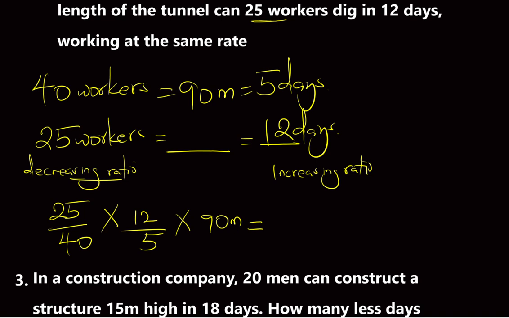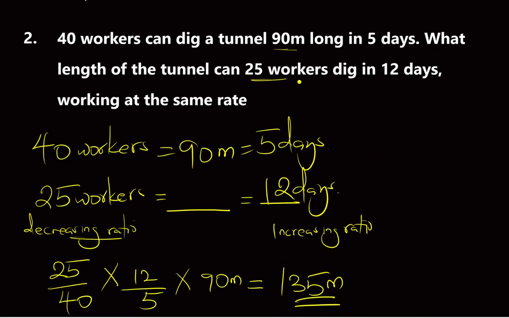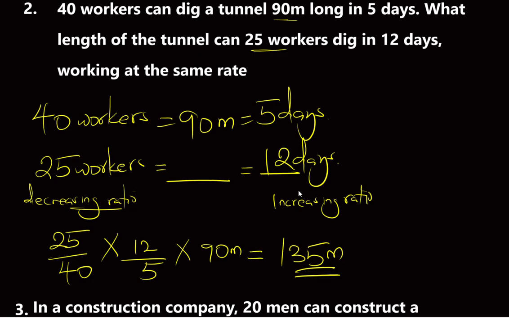So we put that in our calculator. 25 over 40 times 12 over 5 times 90. 135 meters. That is the length to be constructed by 25 workers in 12 days.